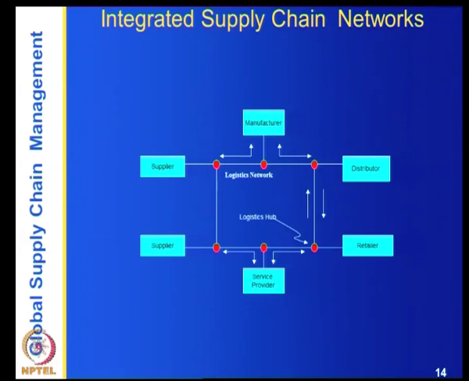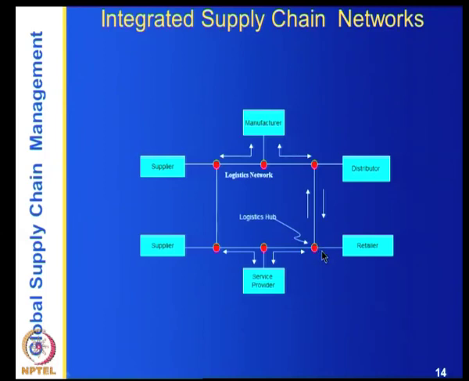The red dots that I am showing here are called hubs. For example, in India, it is Bombay or Chennai, or it could be Singapore, Hong Kong.